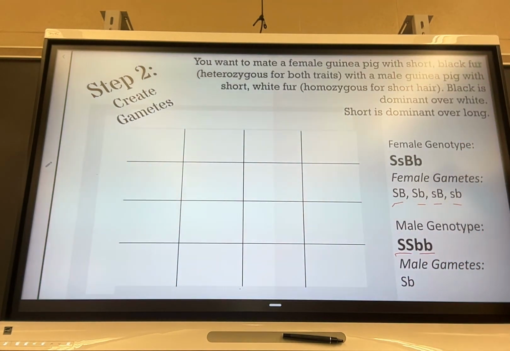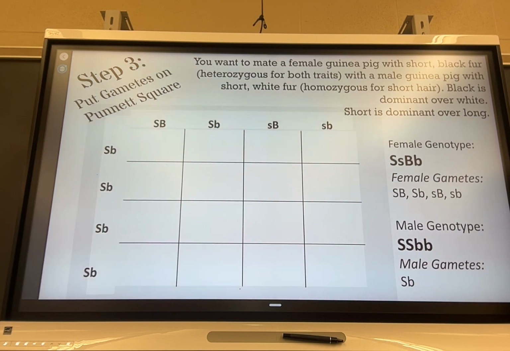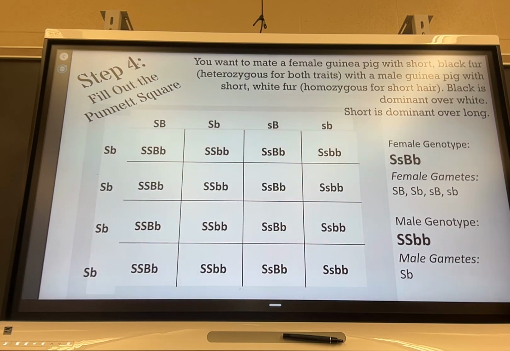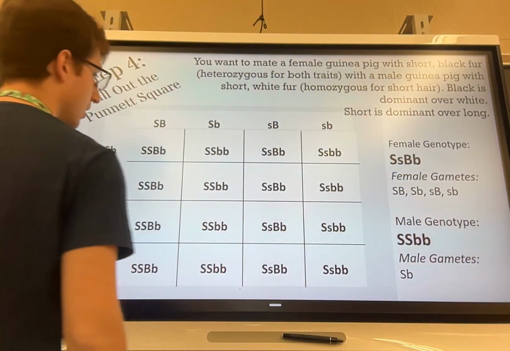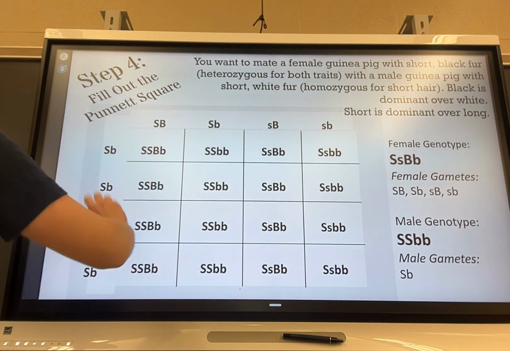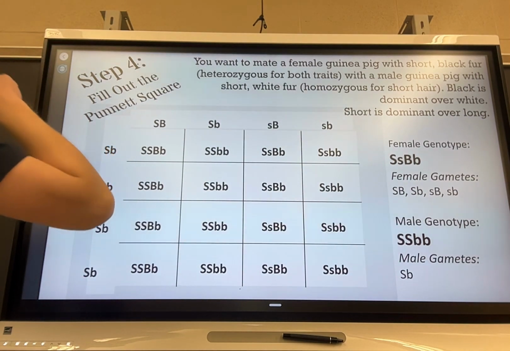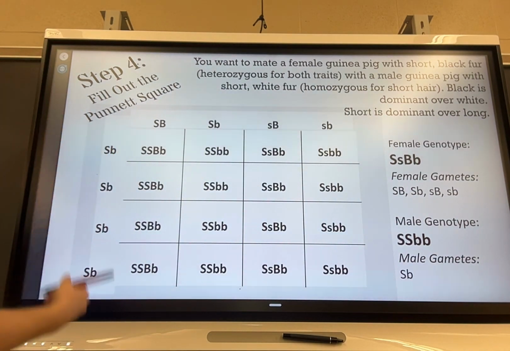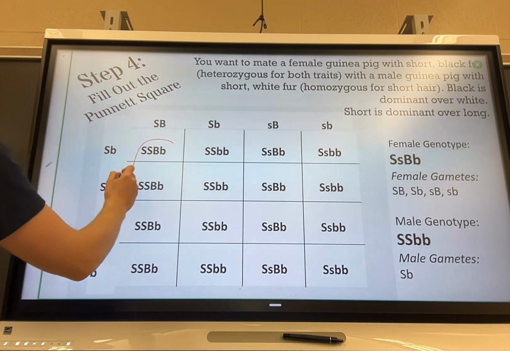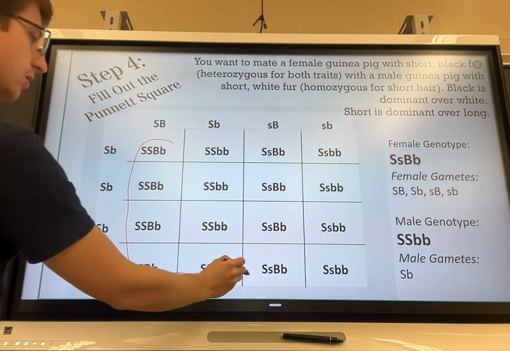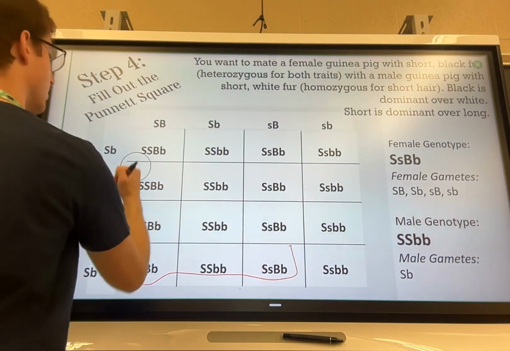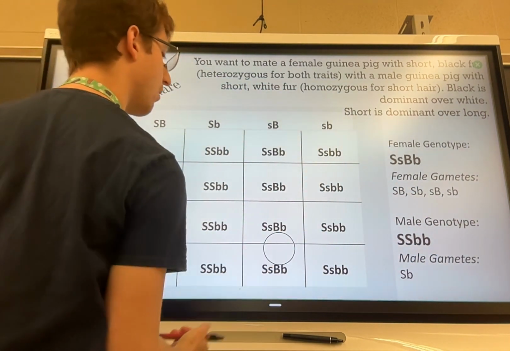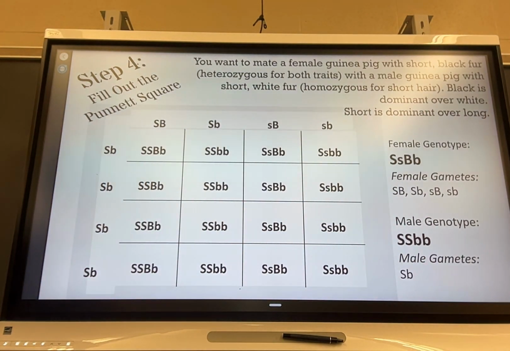So we move that over to our table, and we cross them all. We get a bunch of them. So in terms of getting short hair, since it is dominant, in fact, all of these will actually get the short hair because they all have a big S. They all have a dominant trait.